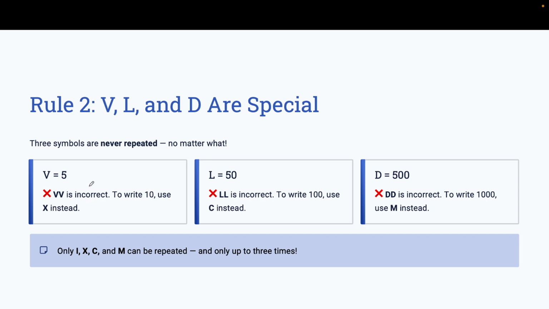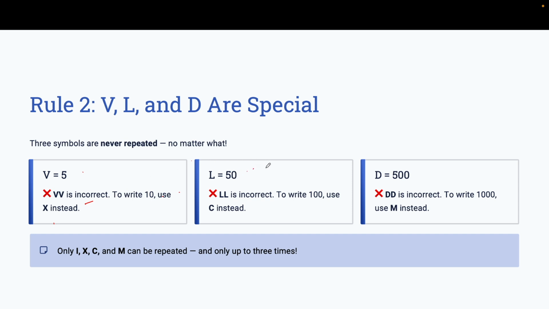Rule 2. V, L and D are very special. V means 5, L means 50 and D means 500. Double V is incorrect. To write 10, use X, as I have told you earlier in the last slide.